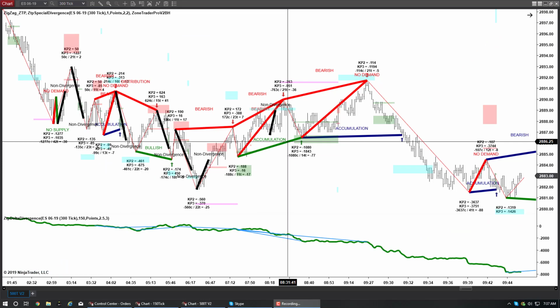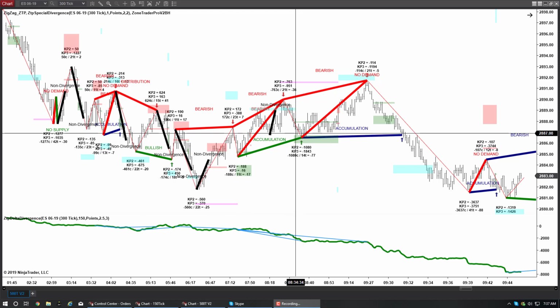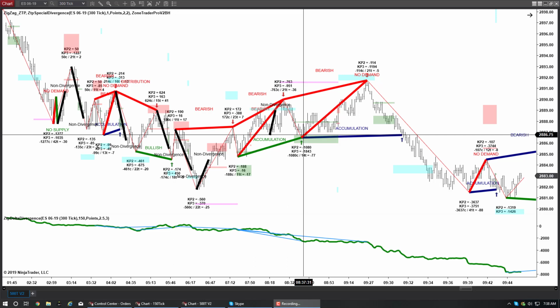Here is an example of a bullish accumulation, and the same goes for this trade here. You are receiving this signal when the new zigzag is forming right in this area right here.